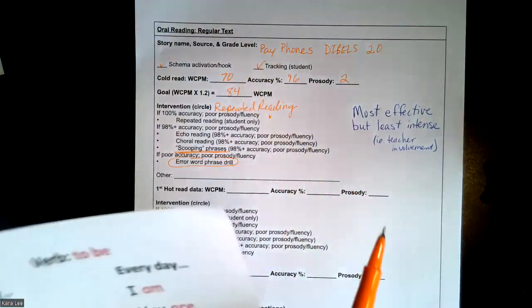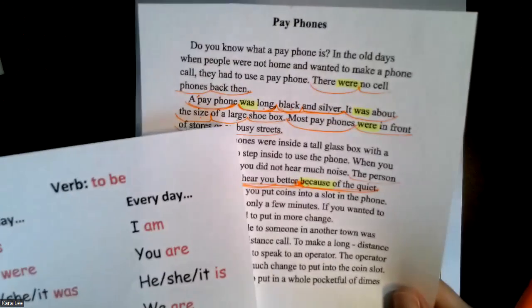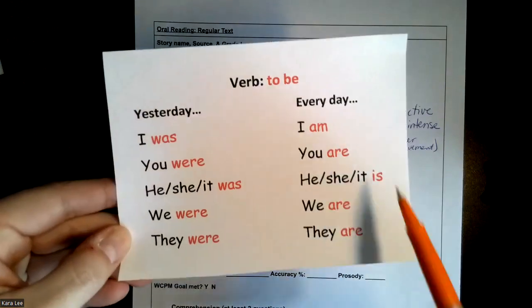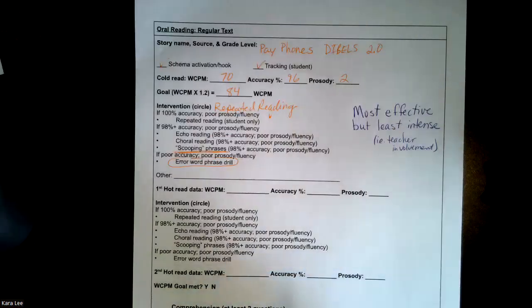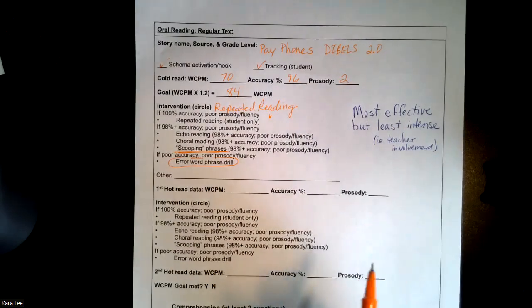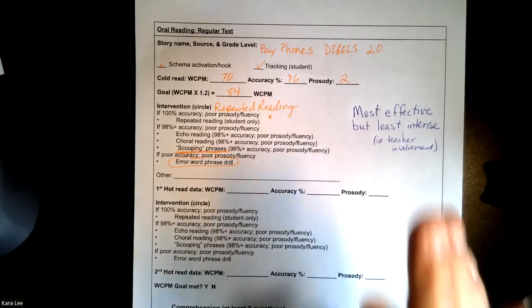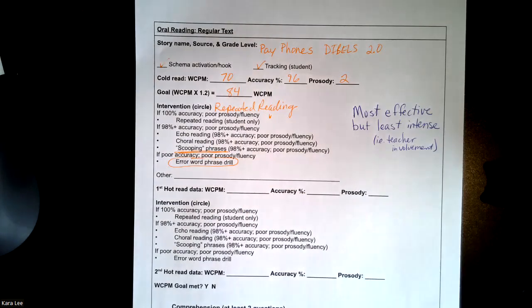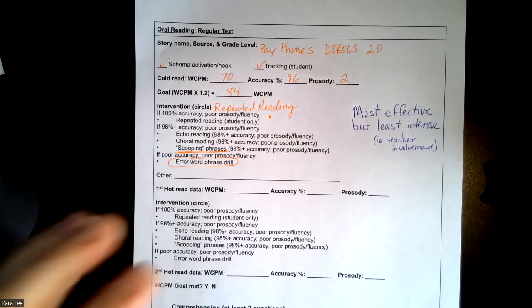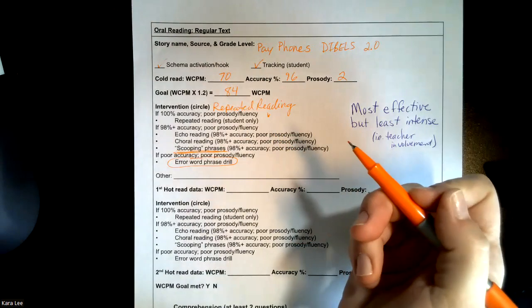But when I do notice errors, for example, sometimes I might notice things like this was, were, was thing. And so then I would pull in something like this. And of course, I know you don't know what the errors are that they're going to make ahead of time. But that's fine. You want to have an idea of what are some of the different things that you can do to intervene. Okay.